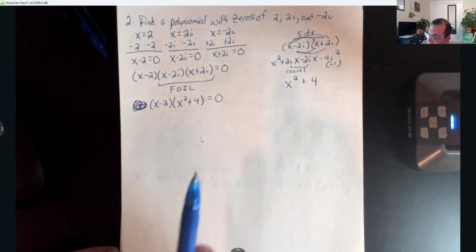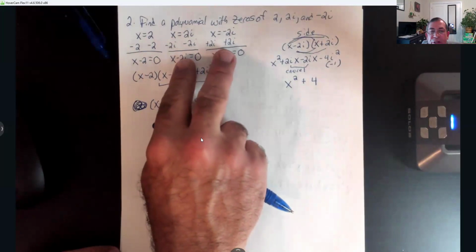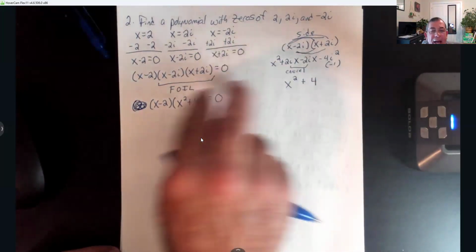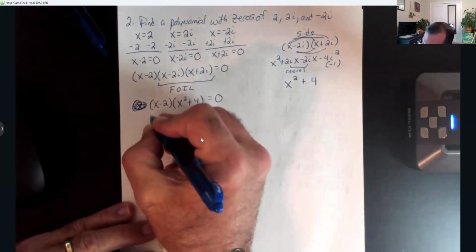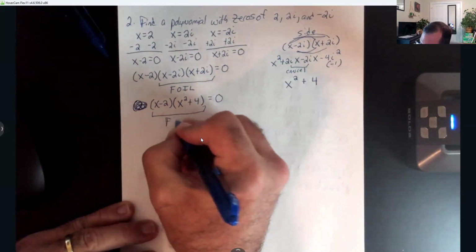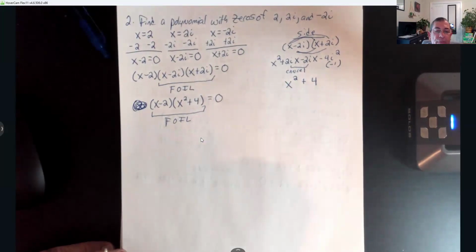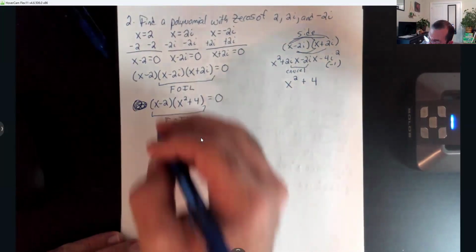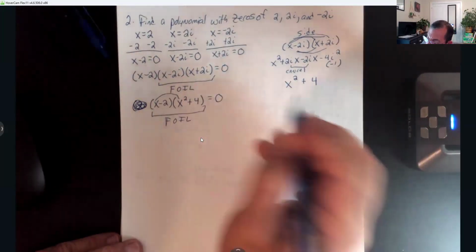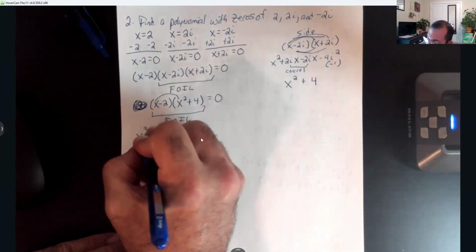All righty. So that's why I start with imaginary stuff, so you can get rid of the i. And then look here. All we got to do now is FOIL that, 2 things times 2. So here we go. X times x squared is x to the third.